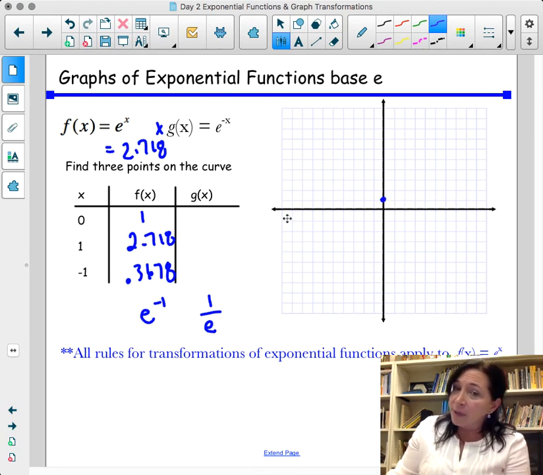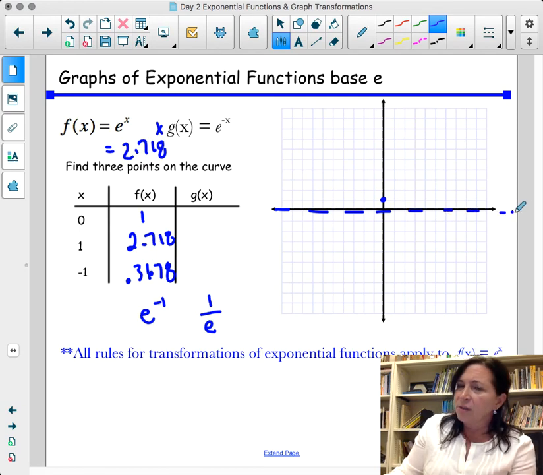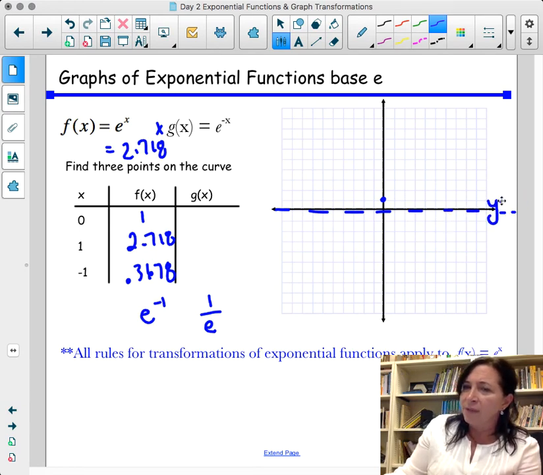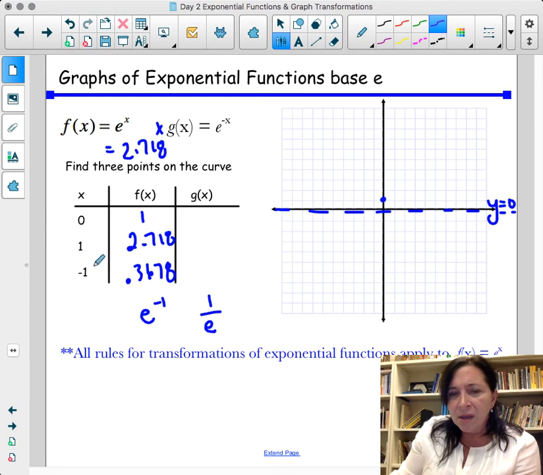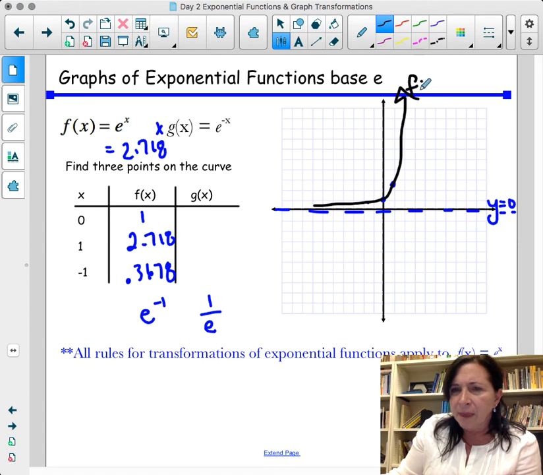Okay, so in plotting those points, we have 0, 1. Again, it is exponential. It does have all of the properties that a regular exponential has, including the horizontal asymptote at y equals 0. Then 1, 2.7. Now, this is a little bit different than the other graph, and the other graph that I'm talking about is 2 to the x. This is f of x equals e to the x power.